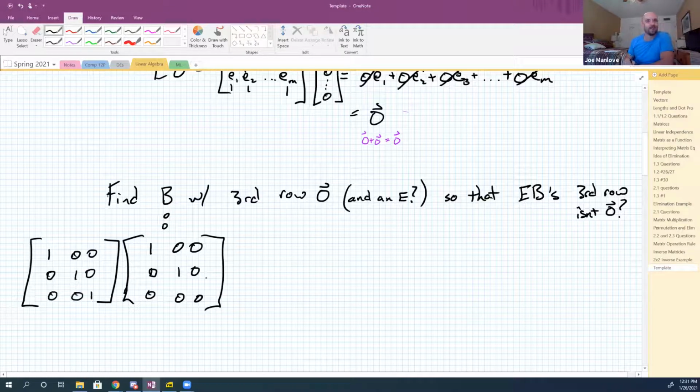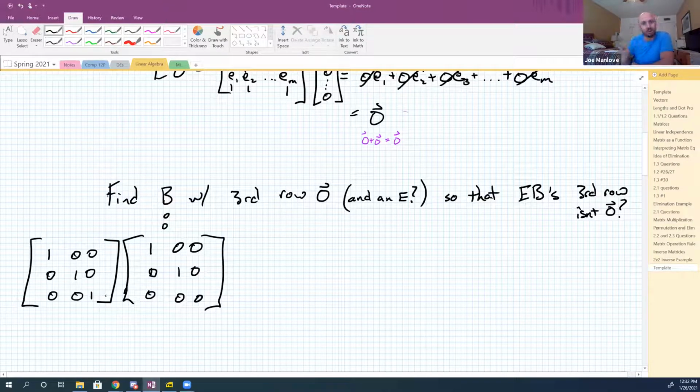It doesn't work. Why didn't this work? Thoughts? What's my problem here? This ain't going to work, because this is just going to leave this alone. It's just the identity matrix. It's not going to do anything to this. So I need something else.